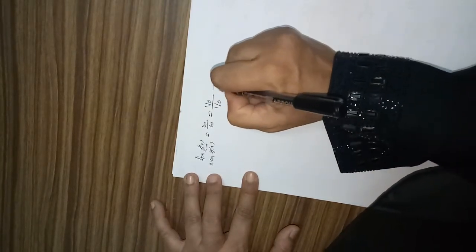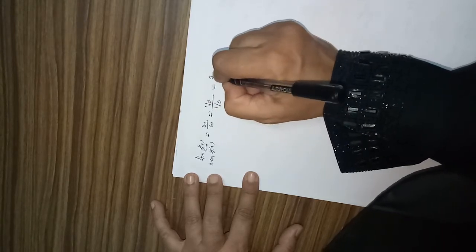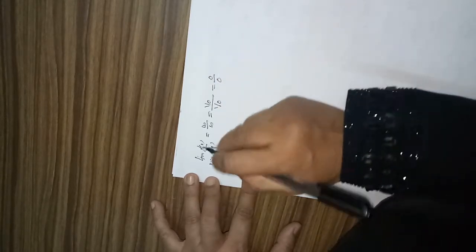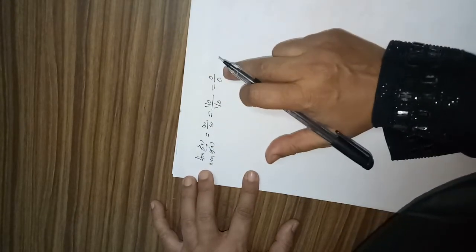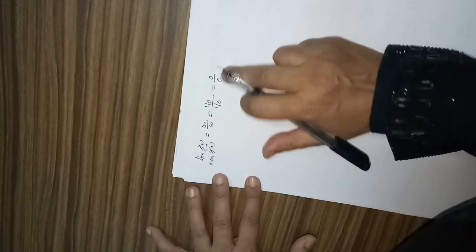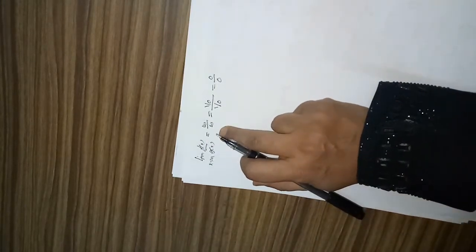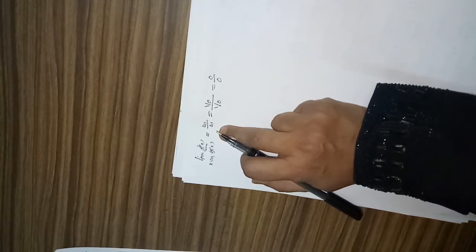If we simplify, this goes to the numerator, and this will be 0 by 0 form. Infinity by infinity will be reduced to 0 by 0 form. That means we can apply the same L'Hospital's rule to infinity by infinity form also. So let us consider one problem on infinity by infinity form.